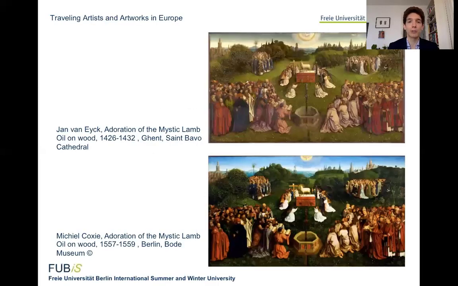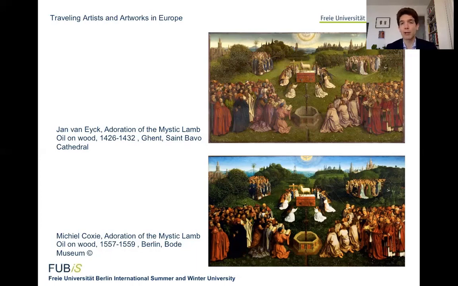Here, on the contrary, I would like to speak about how even such a big object like the Ghent Altarpiece somehow traveled through space over the centuries.